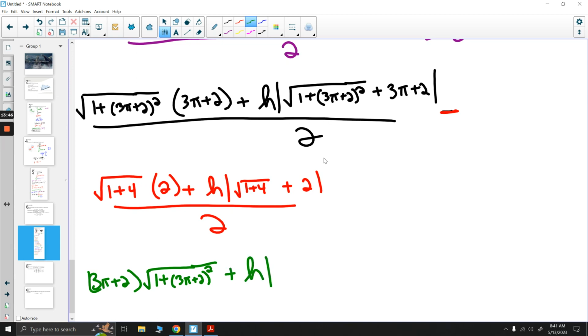Now, if we think about this thing here, this is positive, this is positive, and this is positive. We can really drop the absolute value here. We don't actually need it at this stage, so I'm going to drop it.